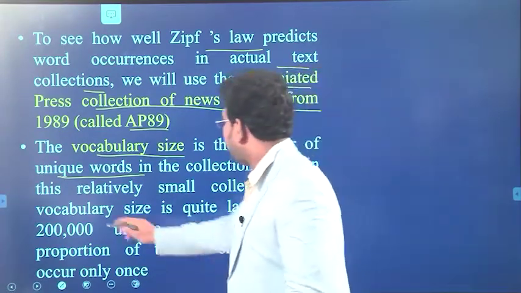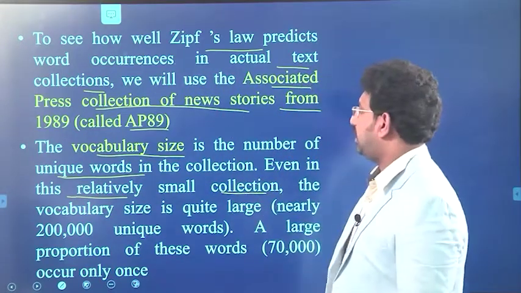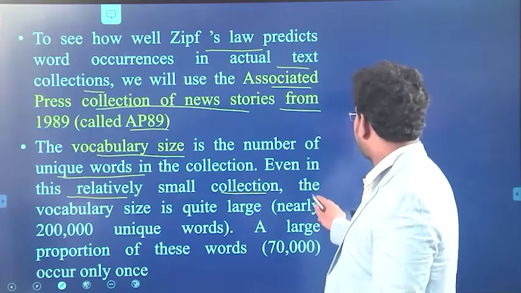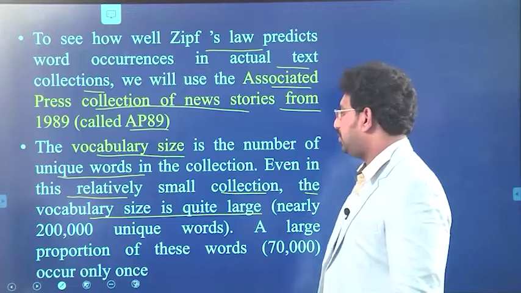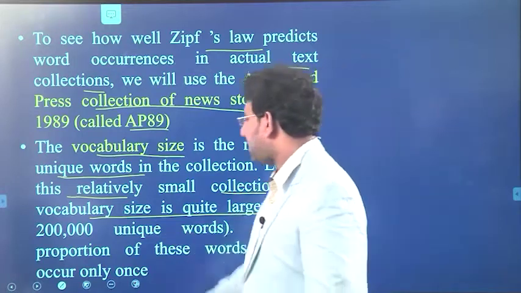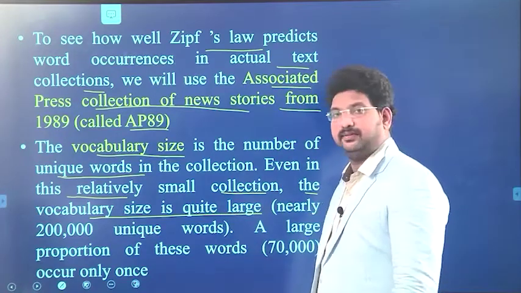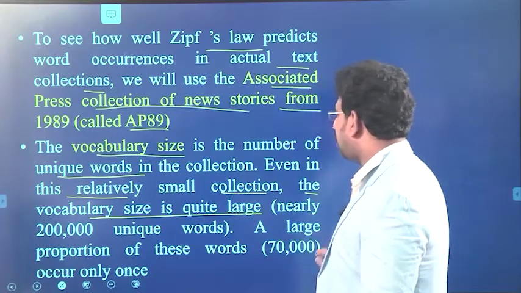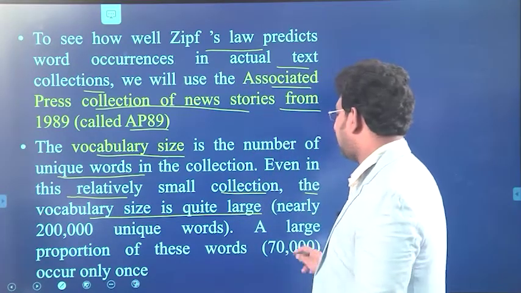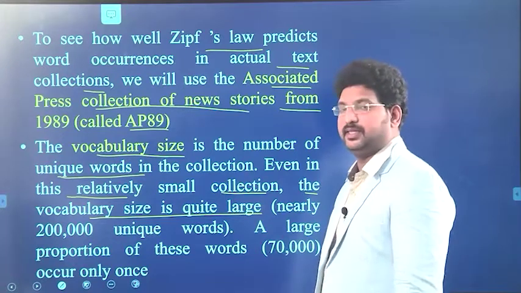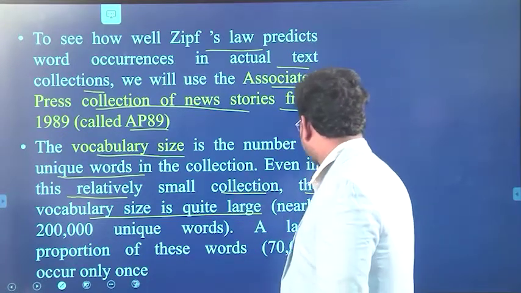Even in this relatively small collection, the vocabulary size is quite large. Nearly 2 lakh unique words are there, and a large proportion of these words, about 70,000, occur only once.